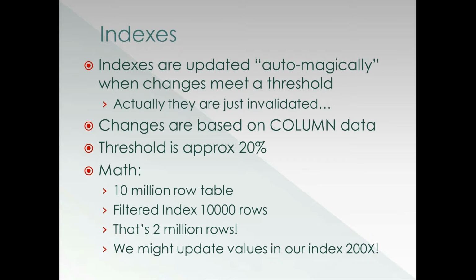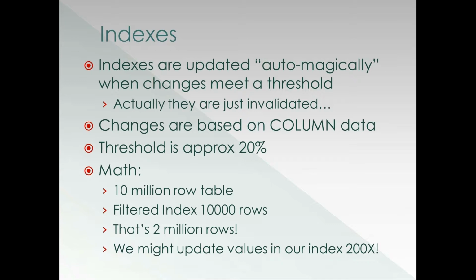So if you do the math on this, say you have a 10 million row table, and your filtered index is only, say, 10,000 rows of that table, well, 2 million rows is the 20% that needs to change before the stats say, hey, I'm invalidated, let me go ahead and rebuild the stats for this particular column, right?